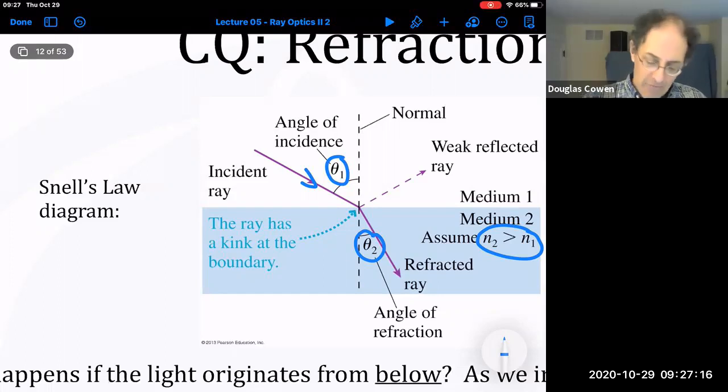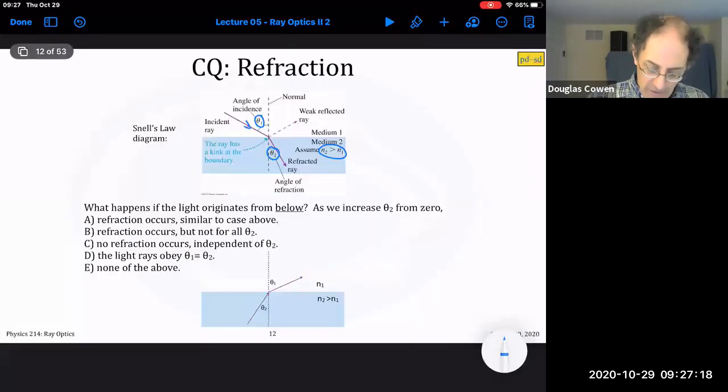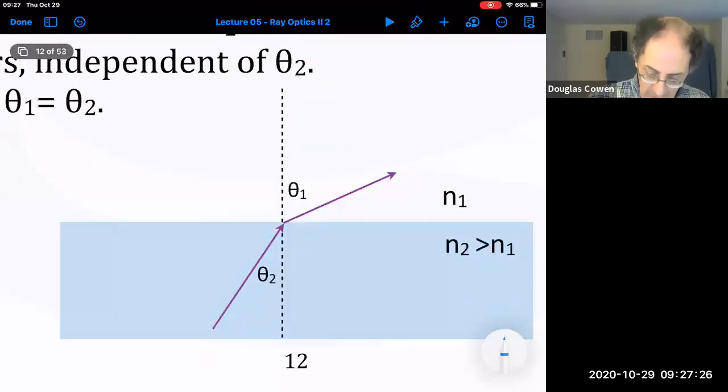What happens if the light instead is coming from below? So as we increase this angle theta 2, so now the light is coming from below, to larger and larger values, what happens?